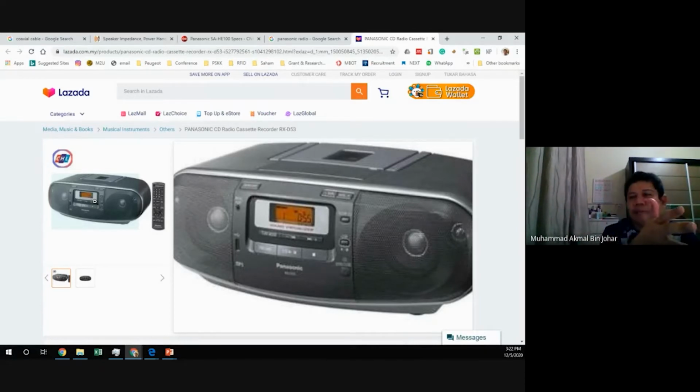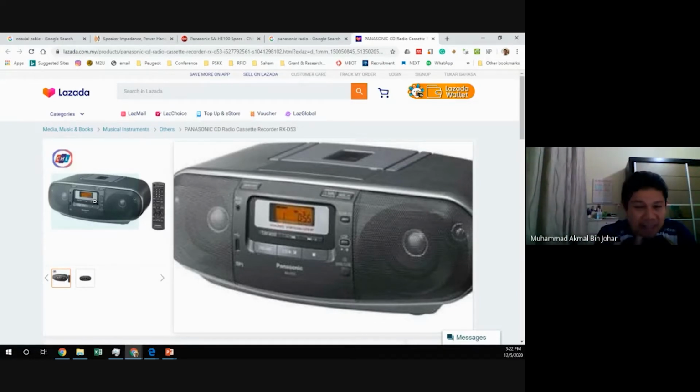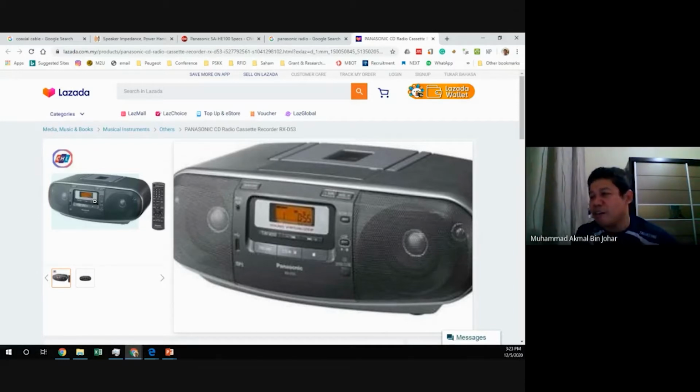You don't put in any battery, and everything is turned off. And then when you plug in back, you find that every memory inside the radio still remains. All the memories that you have set, channel 1, channel 2, Hits FM, Fly FM, whatever FM you are listening to, are still there and remain even though it's almost 1 week you have not plugged in or turned on the radio.